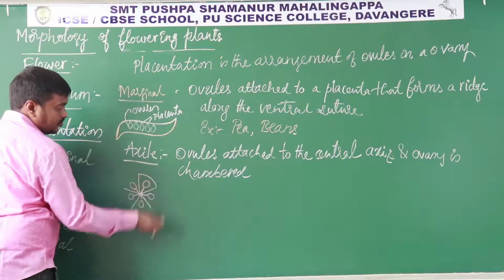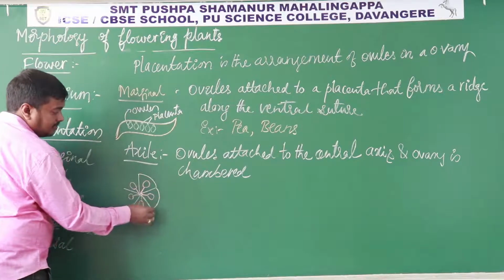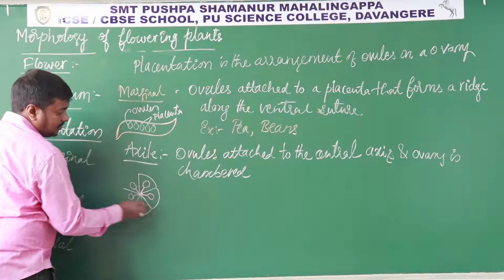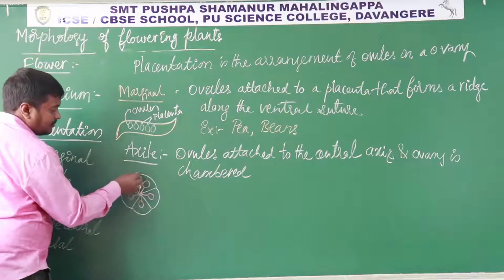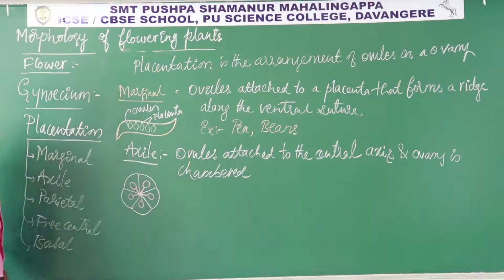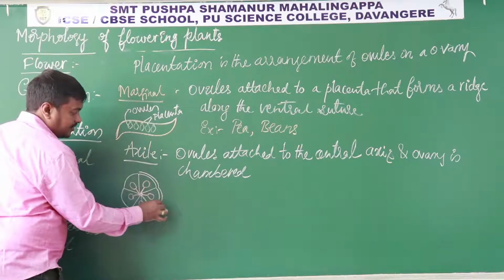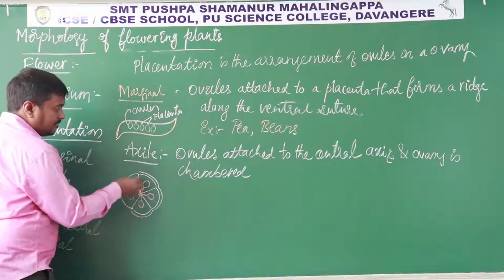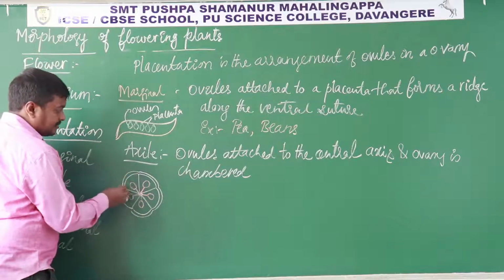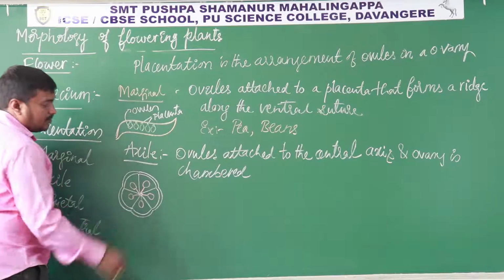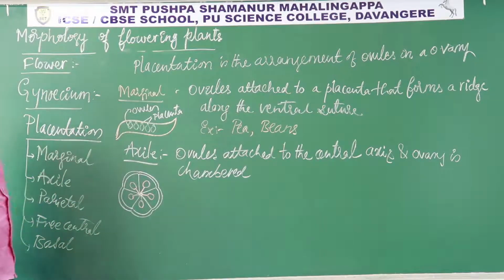So this is one chamber, this is another chamber, this is one more chamber. Like this it forms the chambers. Okay, so ಈ ರೀತಿ ಇದ್ರೆ ಇದನ್ನ axial placentation ಅಂತ ಹೇಳ್ತೀವಿ. So ovules are attached to the central axis. Okay, so this is axial placentation.